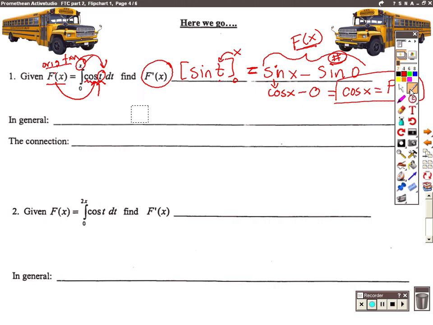If we take the derivative of an integral from a constant a to variable x of a function f of t dt. Okay, so notice we have the same scenario. We're going to find the derivative of an integral. We're going to undo.